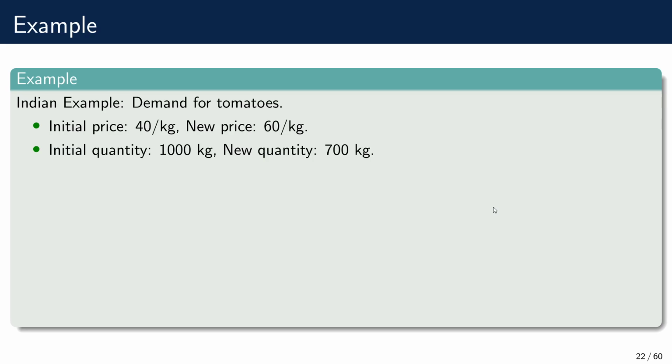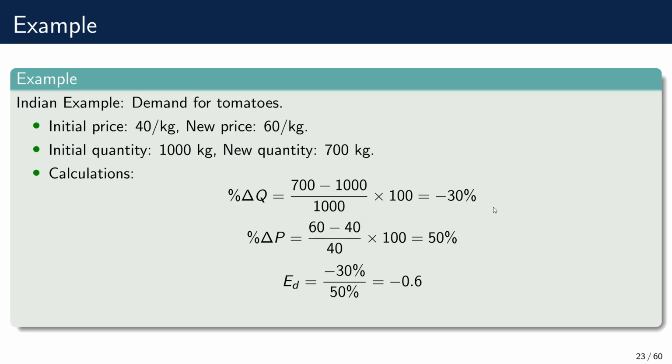First we have to calculate the percent change in demand, that is 700, which is the new demand, minus 1000, which is the old demand, divided by 1000, into 100, which equals minus 30%. Similarly, the price change is 60, the new price, minus 40, the old price, divided by 40, into 100, which is 50%.